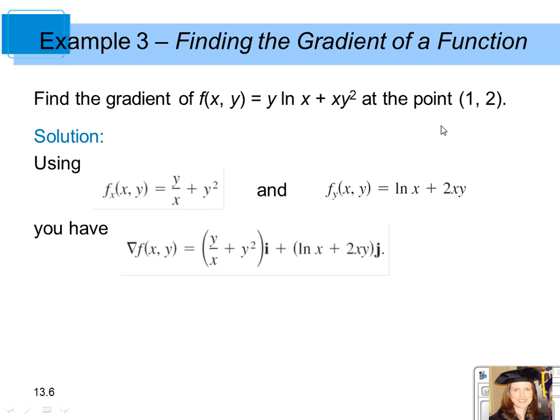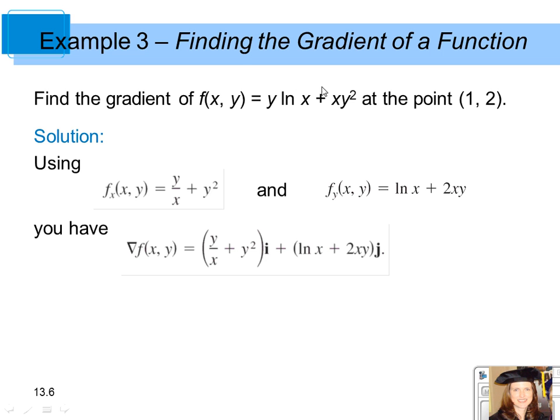If you take this function and take the partial derivative with respect to x, you're going to treat x as a variable and treat y as a constant. So the derivative of y times the natural log of x is going to be y times 1 over x, or y over x. And the derivative of x y squared, where you treat y as a constant, is y squared.